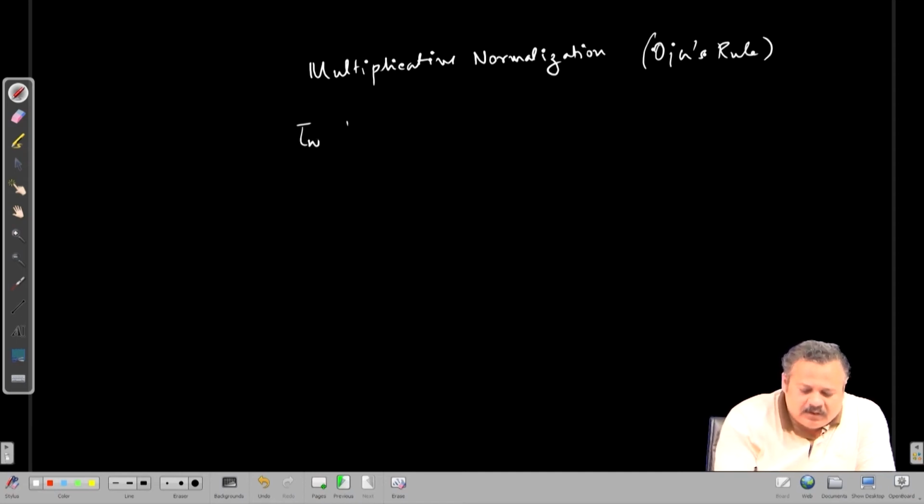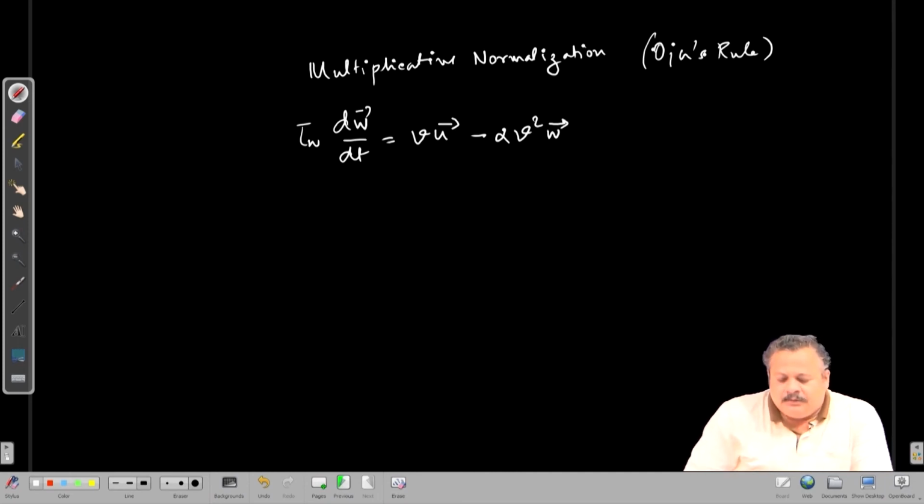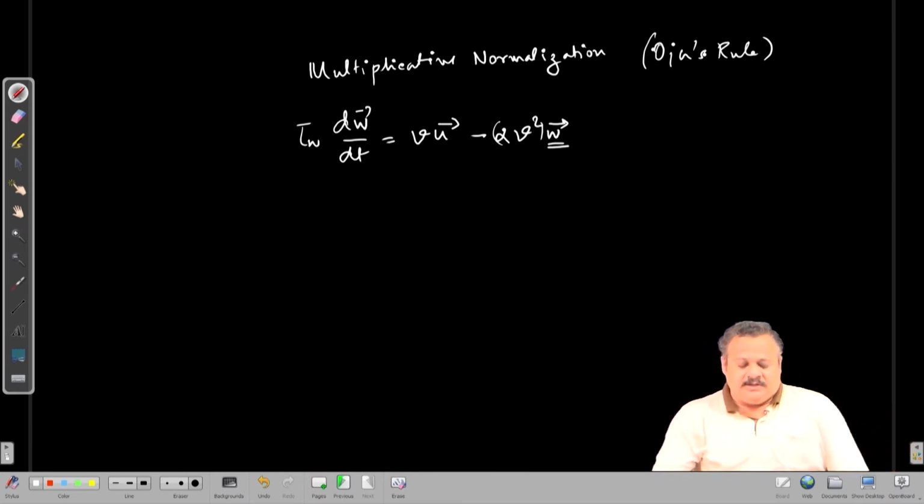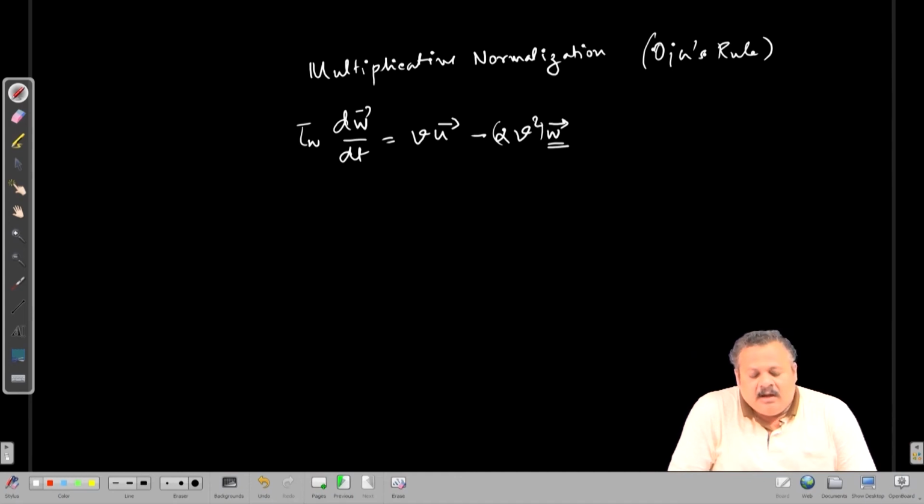What we again have is tau w dw dt, and this is again our term V u, and then we have our alpha V square multiplied by W. Since the update is proportional to this weight W, this is what we mean by the multiplicative normalization, the normalization that is brought in by a factor of the weight itself.